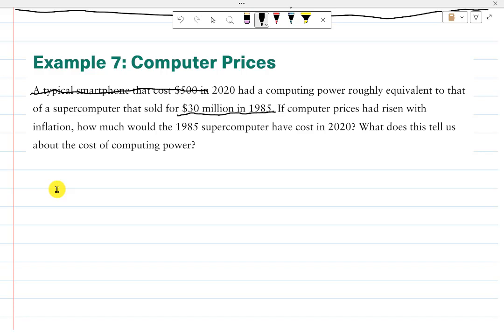So we can set up our formula again. I can do my CPI for 1985. And if you want, you can keep everything in terms of 30, so I can just do 30 down here. And when I report my answer, it'll be in millions. And then we have the CPI for 2020 over, and I don't know what the price is for then. Let me get my CPI prices.